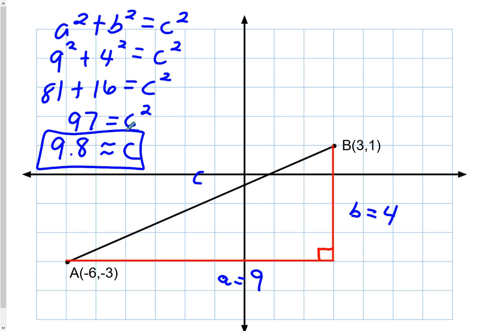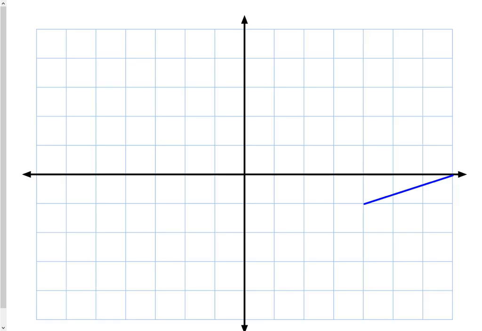Okay? Second method is actually using the distance formula. So I'm going to pull up another problem. I'm going to move this line just a little bit. I'm going to go here and to here.